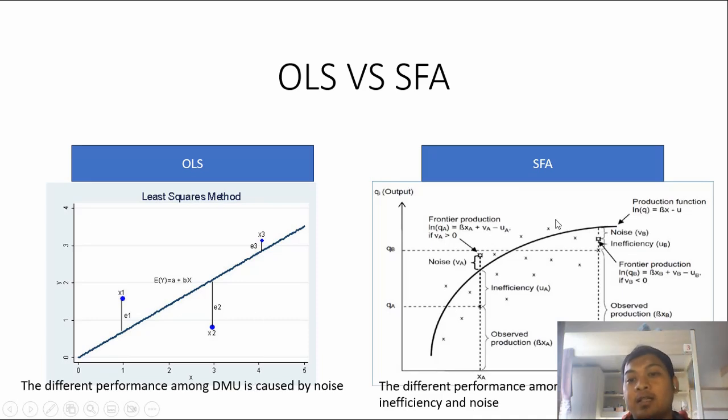And for SFA, the difference in performance among TMU is caused by inefficiency and noise. For example, here, this is the observation, and this is the inefficiency, and this is the noise. This is also the same. This is noise, and this is the inefficiency. So the difference in performance among TMU is caused by both inefficiency and noise.